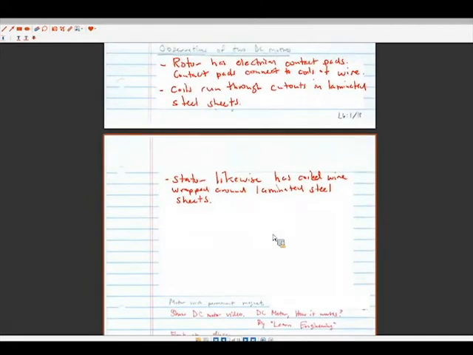Okay, so the stator in general is going to look like this in terms of architecture. Of course it could be a circle, not like my oblong ellipse that I just drew there. If we were looking at a cross section of the stator, it would approximately look like this.